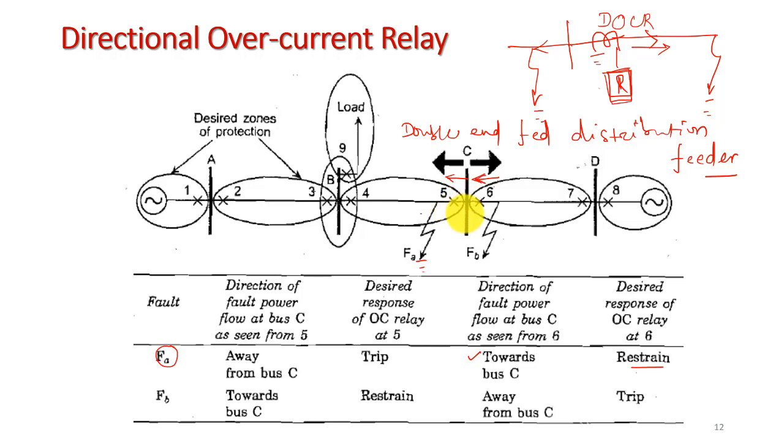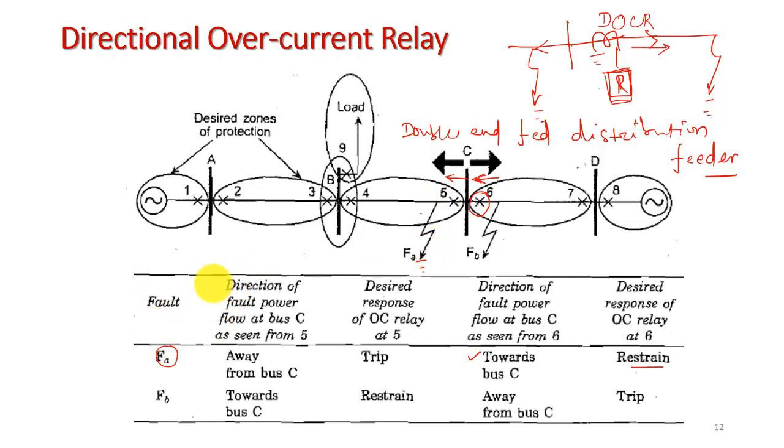But it will also trip here if it is not a directional overcurrent relay, even though the fault is at FA.